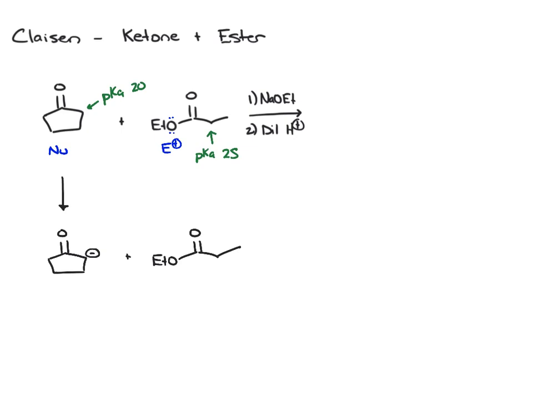Again, this isn't the true electron pushing mechanism, but to predict the product, just take your enolate, add that to the carbonyl carbon, and we could lose the O-ethyl group.